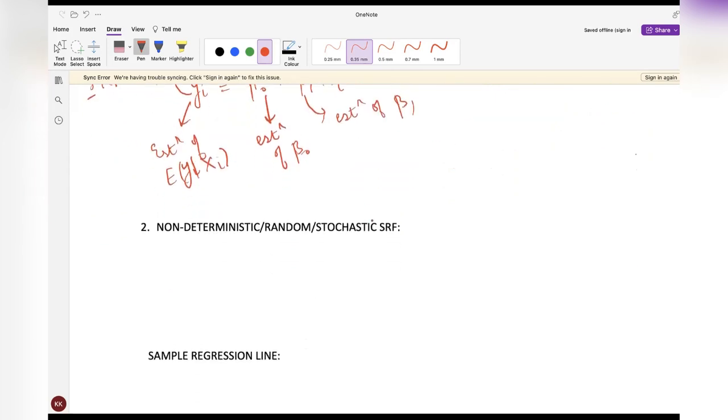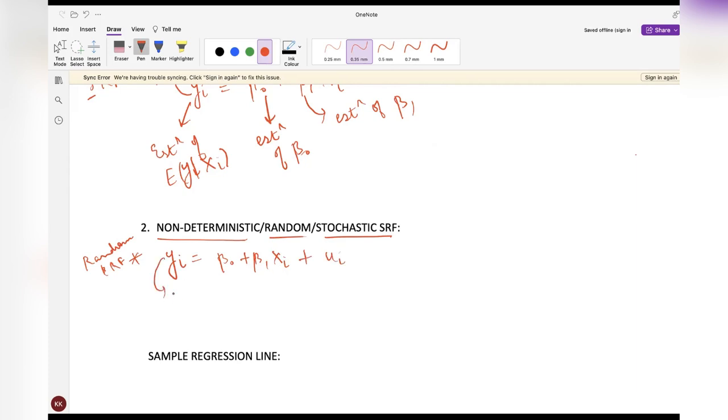Next, we have the second type, which is the non-deterministic, random or stochastic SRF. Again, what was a random PRF? That was given as yi is equal to beta naught plus beta 1 xi plus ui.